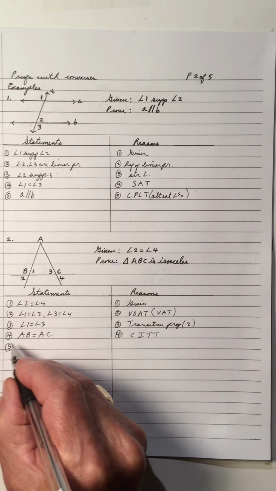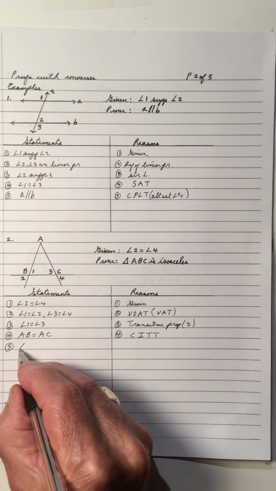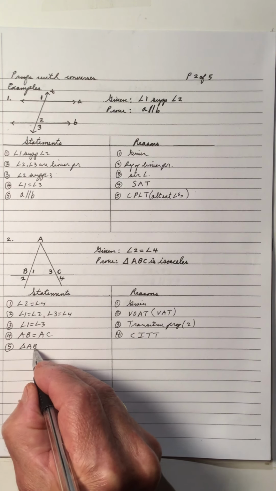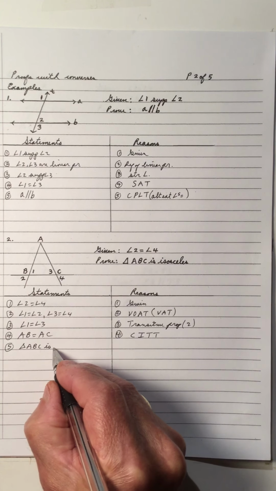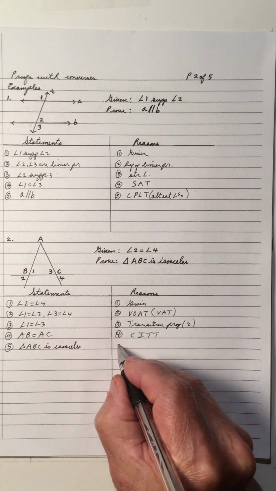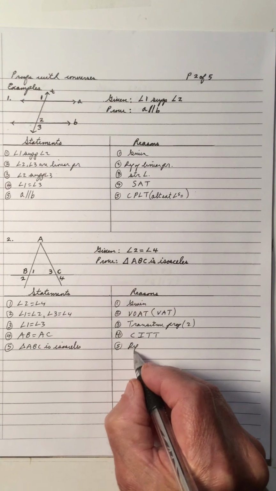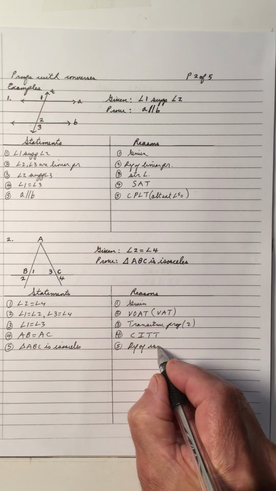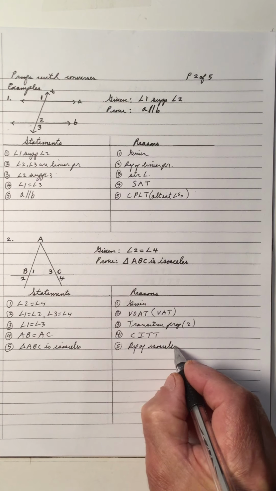As a result, because the two sides are equal, the triangle ABC is isosceles, and that's the definition of an isosceles triangle.